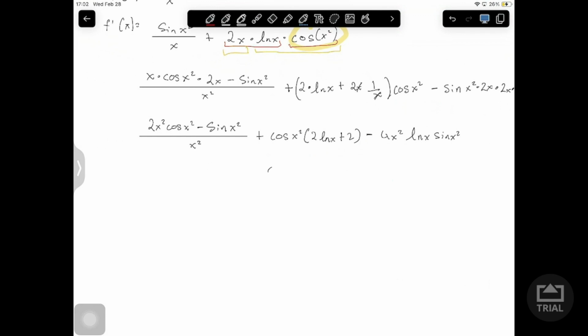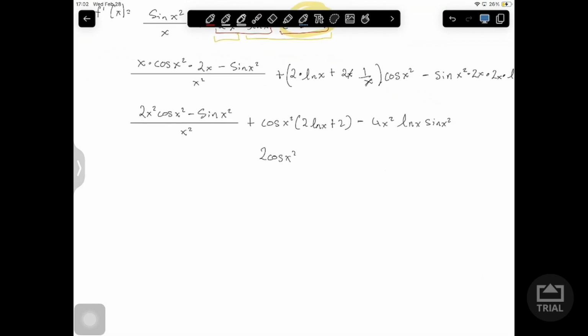That's going to get us 2 cosine x squared, yep, 2 cosine x squared, and then that's going to be times 2 natural log of x times cosine x squared.